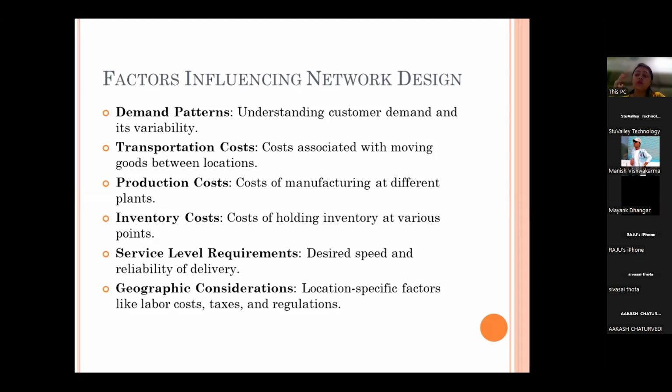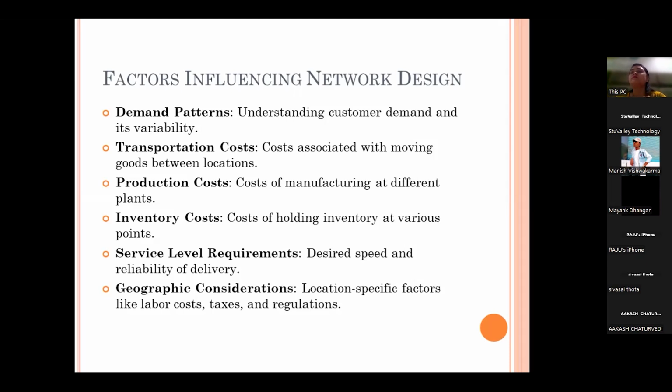This is also the law. This is how globalization is lifting the economy of India to a higher level, and all these things are included in network design.